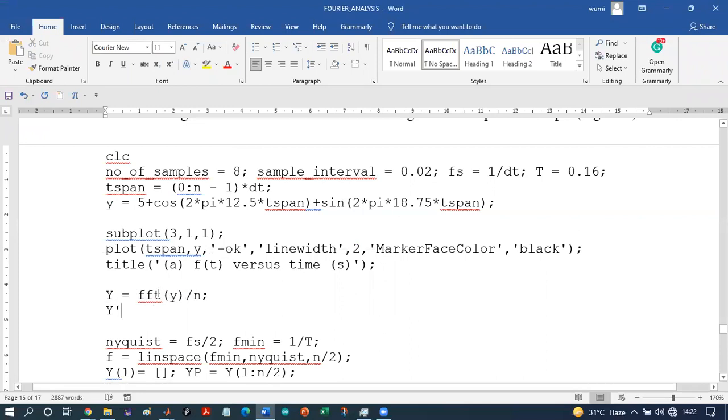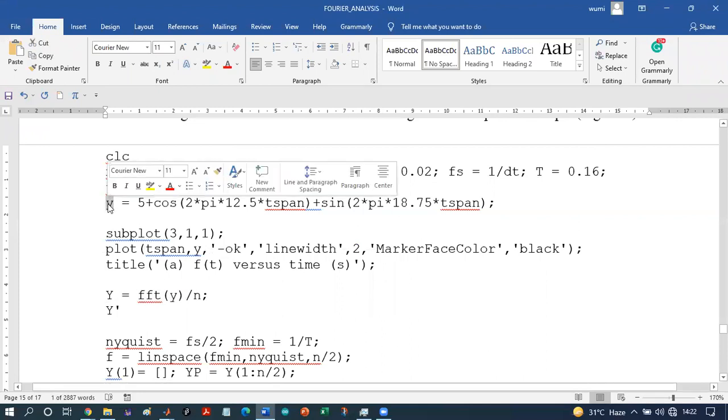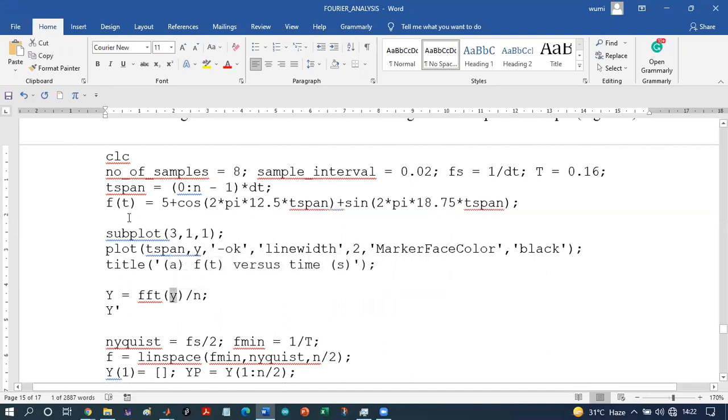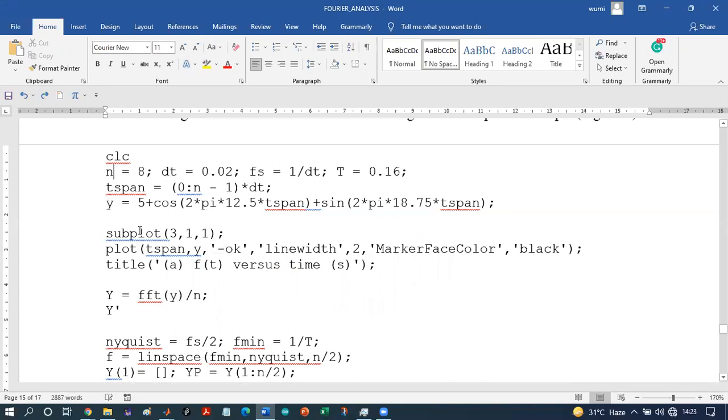Depending on your preference, you can name this one f of t instead of y, so when you are doing the FFT, you put it as f of t. It's just a variable name.